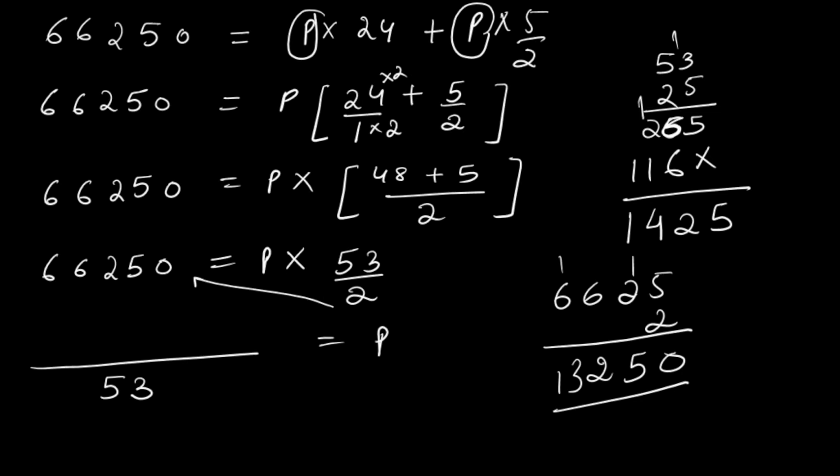This full number I'm just going to multiply and I'm writing 13250. And 10 I already have. See, if I have made any calculation mistake, just let me know, because here I'm not getting the answer 2500.